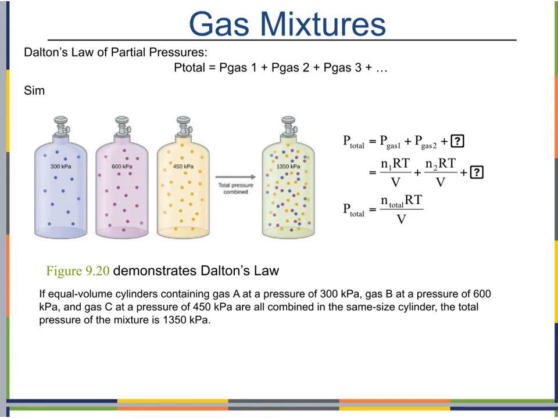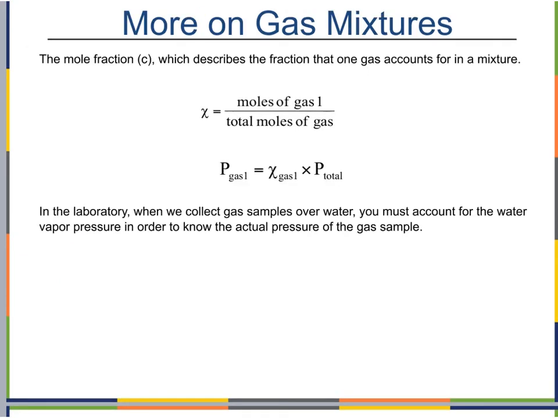Again, this law of partial pressures can be used to look for pressure, but it can also be used to look for the amount of a particular gas. The pressure that a gas exerts on the system is proportional to its mole fraction times the total pressure.